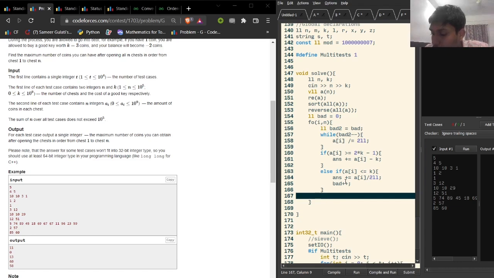If you have A_i coins, so A_i minus k is equal to A_i by 2. So 2A_i minus 2k is equal to A_i. So A_i is equal to 2k. K is equal to A_i by 2. So at what point does it become more feasible is our problem.